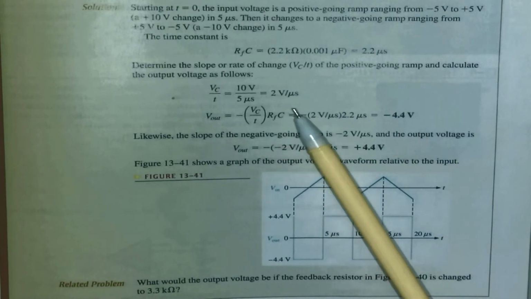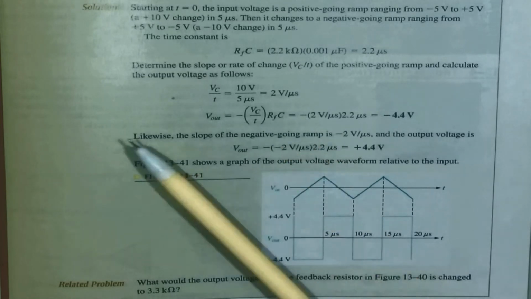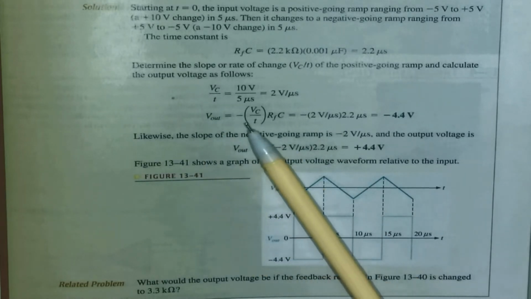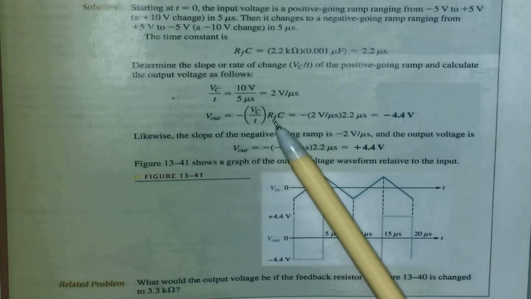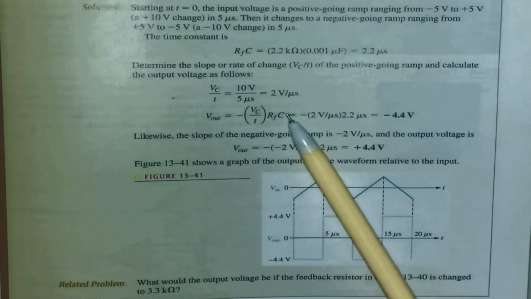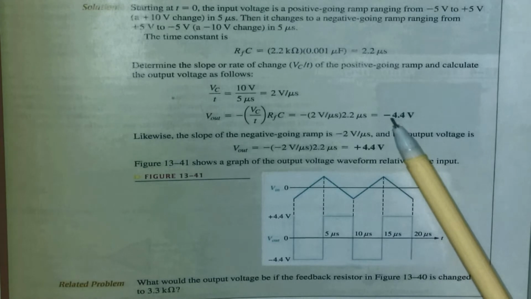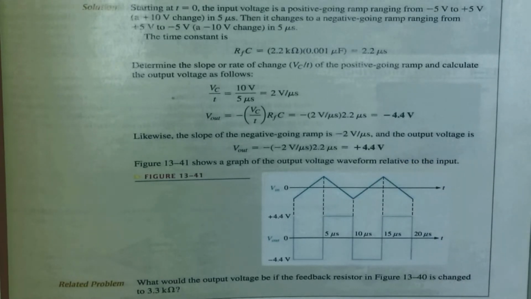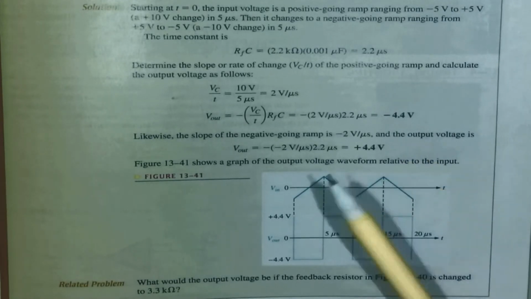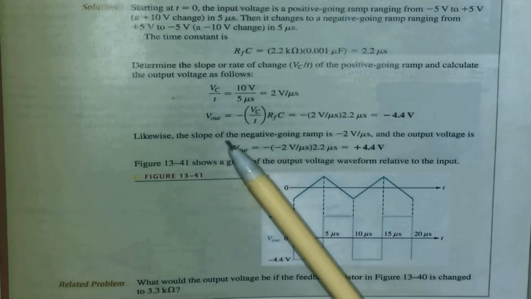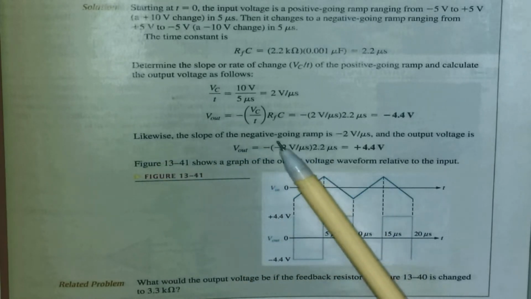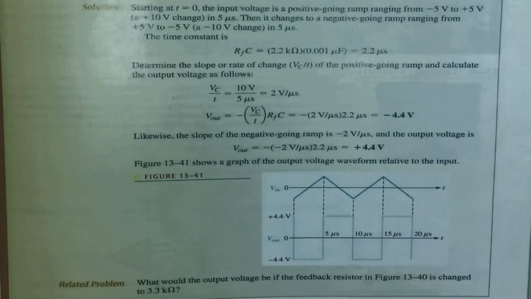And then we're going to use the time constant, and we can work out V out is equal to minus Vc divided by T times Rf times C. That is my time constant, and that will give me a value of minus 4.4 volts. And then likewise the slope for the negative going ramp, and when you work that out, that will give me plus 4.4 volts.